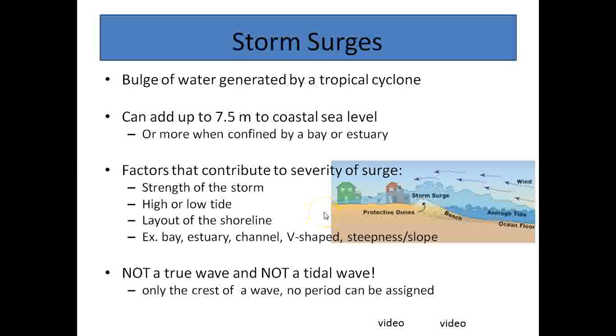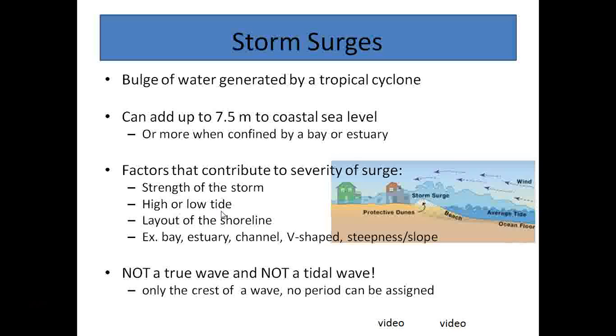There are some different factors that contribute to how severe the storm surge can be. For instance, how strong is the storm? Obviously, the stronger it is, the greater the storm surge that can be developed. Whether it's high or low tide also matters. If it's high tide, the water's already high, so the storm surge on top of that is going to be even more damaging.